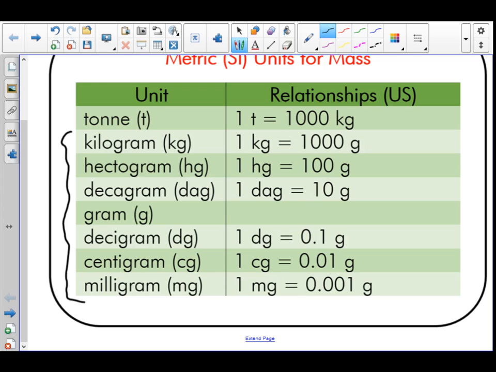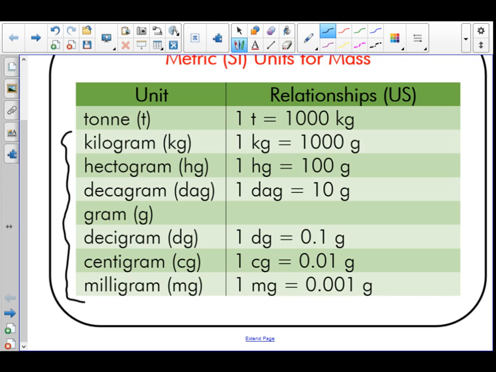So if there's no mention of tons, we can use the staircase to go from something as small as a milligram to as big as a kilogram. We can use the staircase each and every time as long as we're not talking about tons.